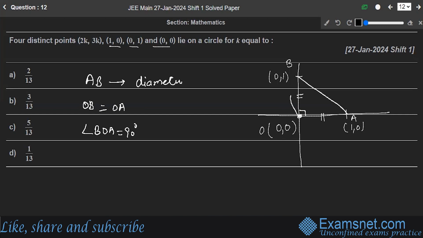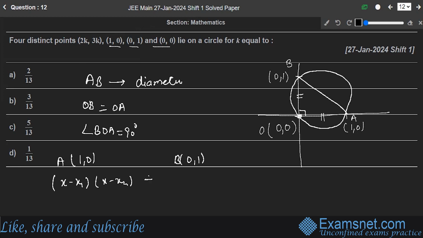So the circle would look something like this. Okay. So this will be your circle. Now you have the coordinates A as 1, 0, B as 0, 1. You know the coordinates of the diameter, so you can form the equation of the circle, given by (x minus x1)(x minus x2) plus (y minus y1)(y minus y2) is equal to 0.